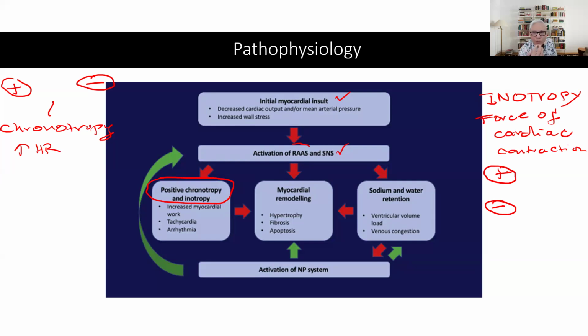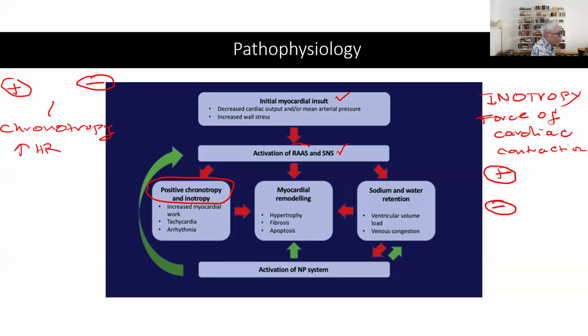Okay, so now you already understood those terms. Whenever we have an activation of the renin-angiotensin-aldosterone system and the sympathetic nervous system, particularly the sympathetic nervous system, it leads to a positive chronotropy and inotropy. This is going to be a compensatory mechanism for the failure of the heart.